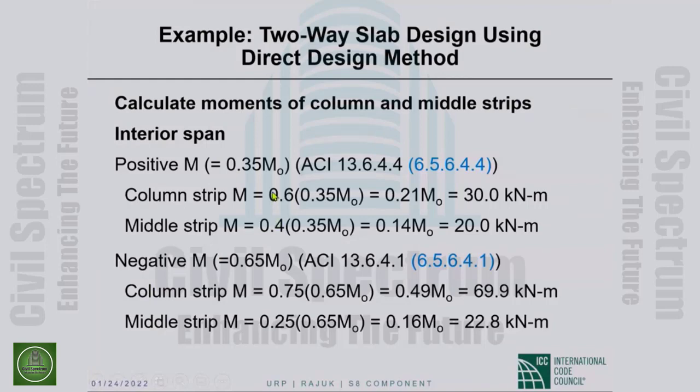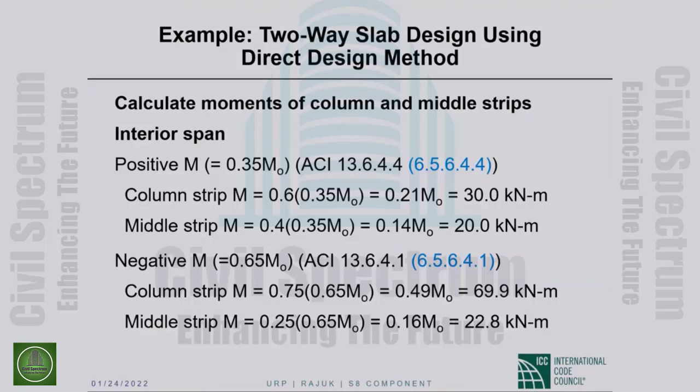The 60% of 35% of M sub 0 comes to 30 kilonewton meters, and 40% of 35% of M sub 0 comes to 20 kilonewton meters, because we know the value of M sub 0. So for the interior span, the column strip positive moment we have found, the middle strip positive moment we have also found.